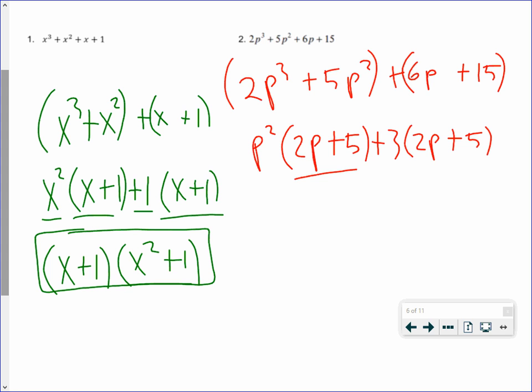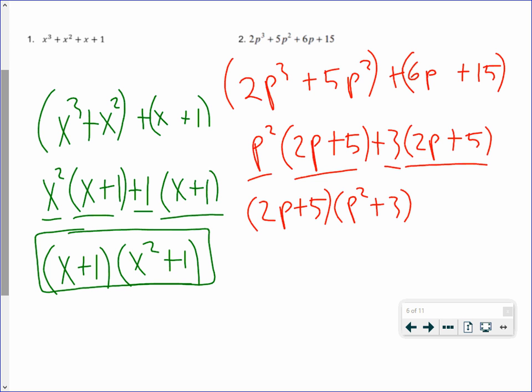So I see I have a common parentheses over here. So I'm going to factor that out. And when I do, I'll be left with the coefficients of those parentheses, which will be p squared plus 3. So that's what we get.